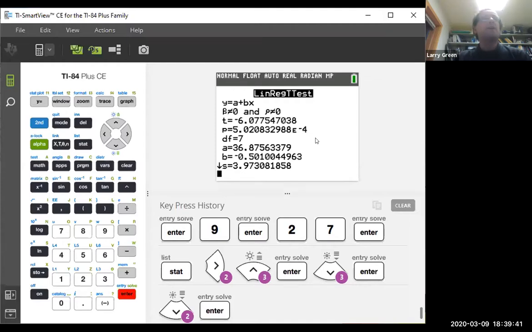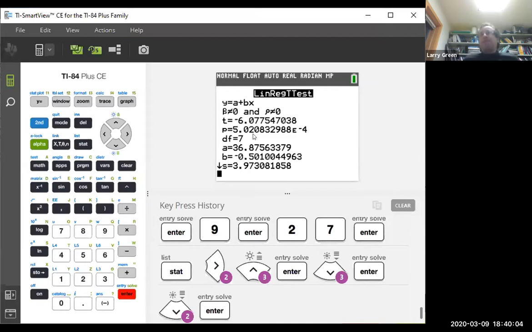Any questions so far? Okay, now it turns out the test statistic uses a t statistic, just like we had in chapter 9 and 10. I'm not going to get into the mathematics of it, that's for sure. But it's about -6.